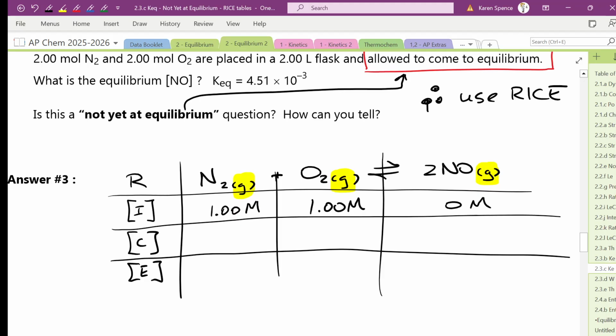Uh-oh. Houston, we have a problem. I don't have any equilibrium concentrations. Whatever shall I do? I'm going to use KEQ, definitely, to calculate.